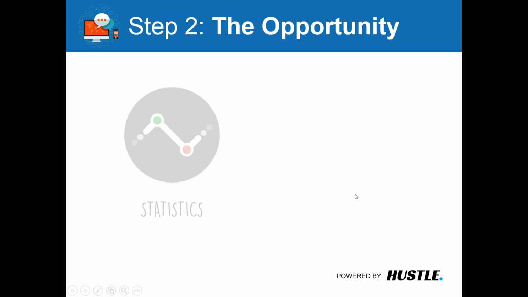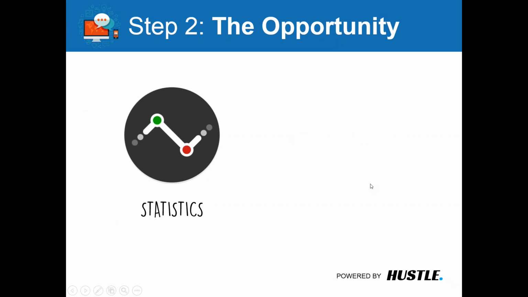Okay, step 2 is the opportunity. In this section, I want you to state statistics relevant to why people are in your industry. For example, for a client I'm putting together a webinar on self-hypnosis for how to quit smoking. A lot of the education within the opportunity is: if you don't do this, what will you be missing out on?